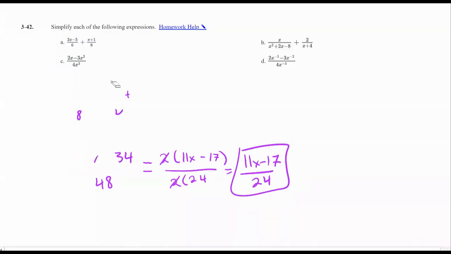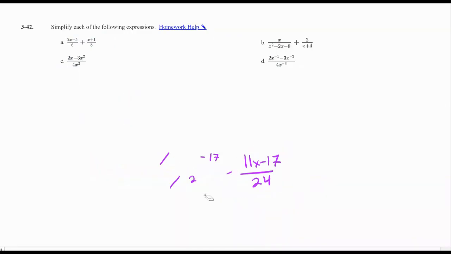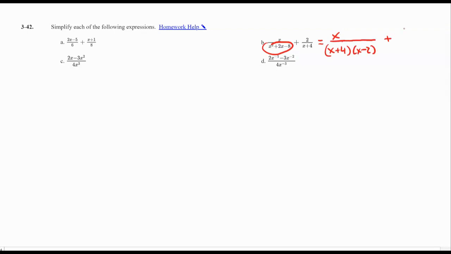So second one for B here, we got to get a common denominator again. And to do that, I'm going to start by factoring. So this x squared plus 2x minus 8, I'm going to change that into x plus 4, x minus 2. If you need more practice factoring, make sure to ask for some help on that one.